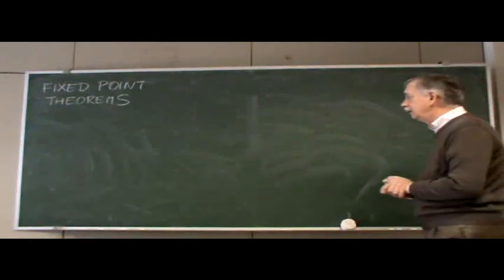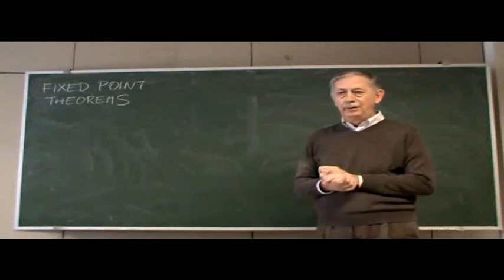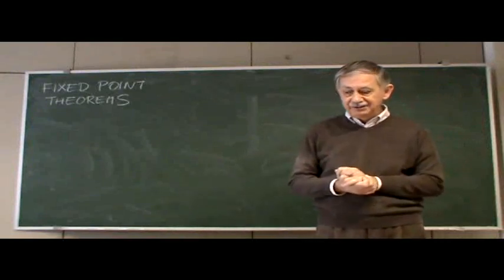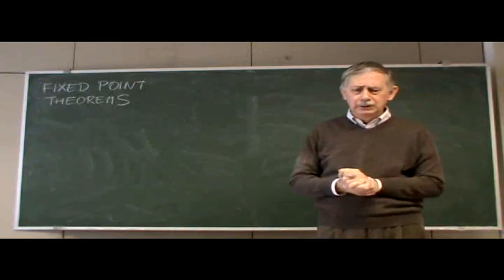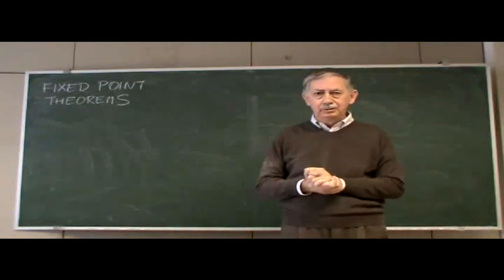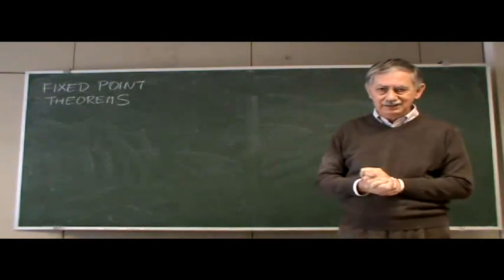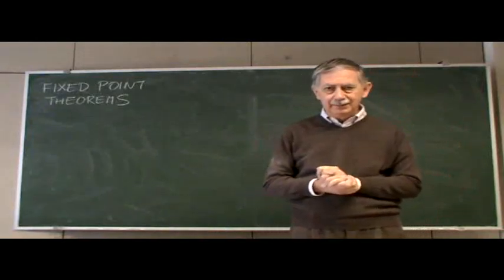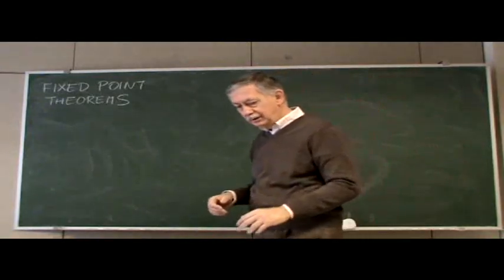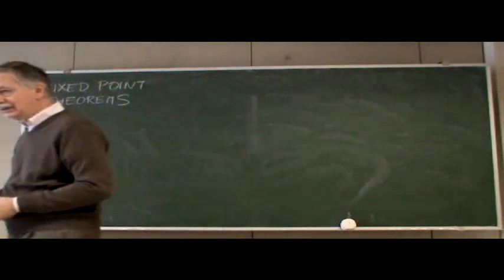Well, let us begin with the definition of a fixed point. Probably you saw this topic also in the advanced course of mathematics, but however, I shall repeat all the fundamental concepts.